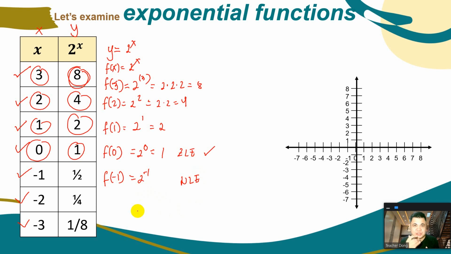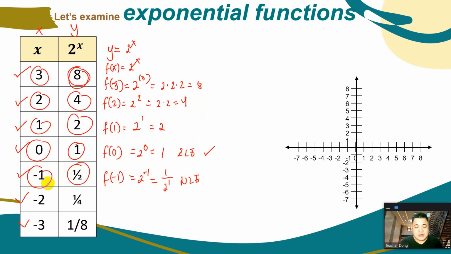You are going to interchange the numerator and the denominator, so that you will be able to simplify the given power. Now in this case, we have 2 raised to the power of negative 1. Since we have negative 1 as an exponent, we cannot simplify it without reciprocating. So it's now 1 over 2 raised to the power of positive 1. 2 raised to the power of positive 1 is simply 1/2.